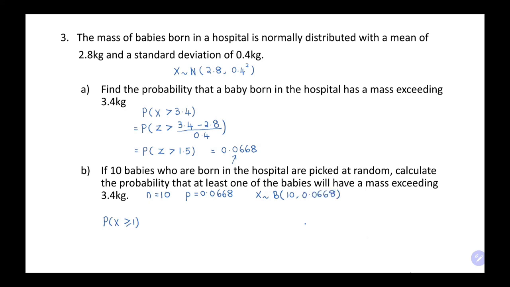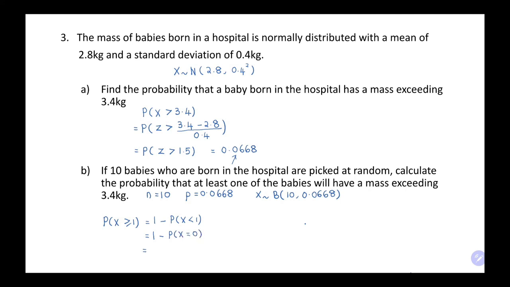The formula method means we need to find X greater than 1, so 1, 2, 3 until 10. But it is too long to calculate 1 to 10. So we use 1 minus P(X less than 1). And P(X less than 1) refers to P(X equals 0) only.